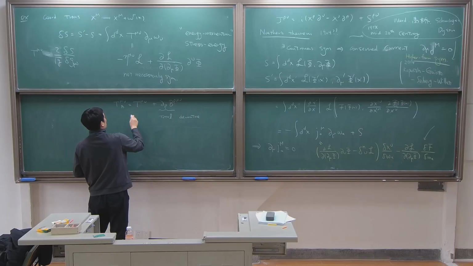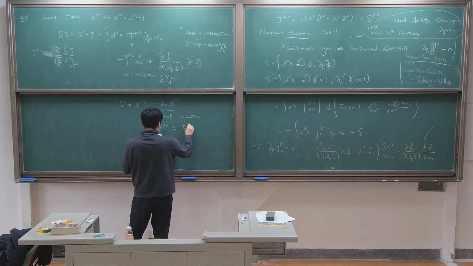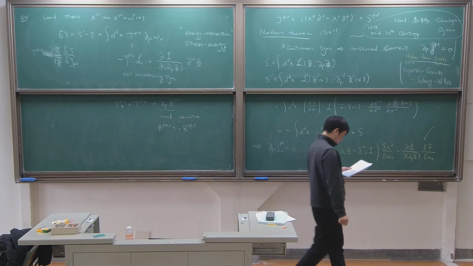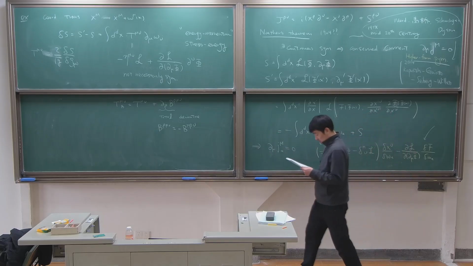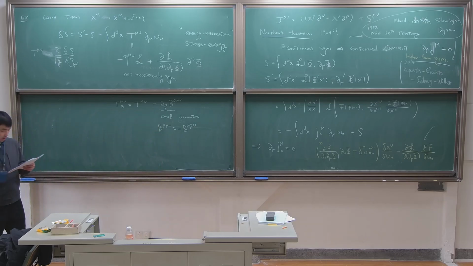If it is not symmetric, you can make it symmetric by adding this total derivative term. That's how we do that. So this is the stress energy tensor.